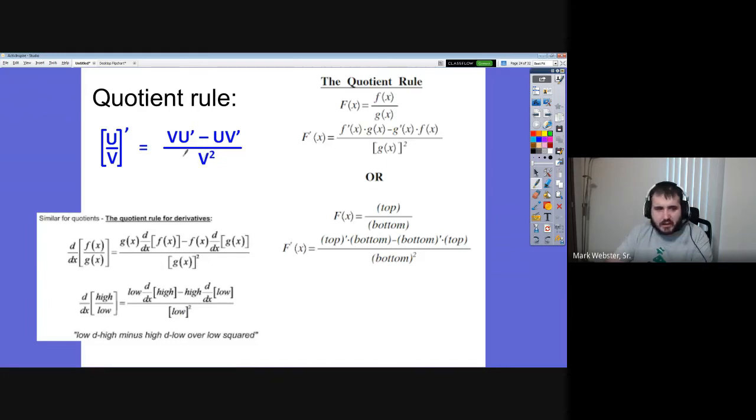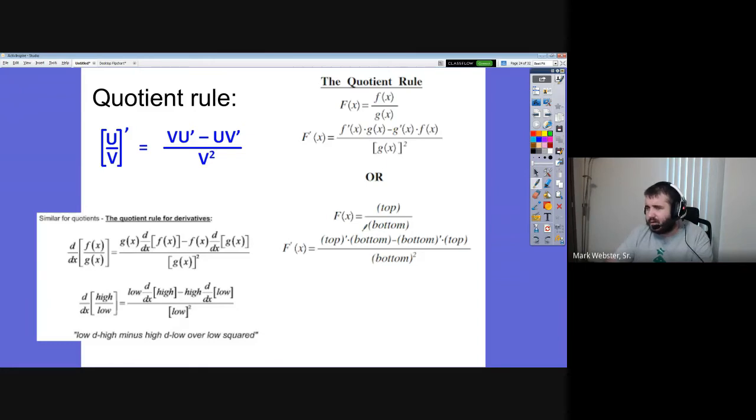Here's a really clean looking version if you've got a fraction looking like this. Here's another representation. It's all the same thing, just different representations. I'm a big fan of low d high minus high d low over low squared.